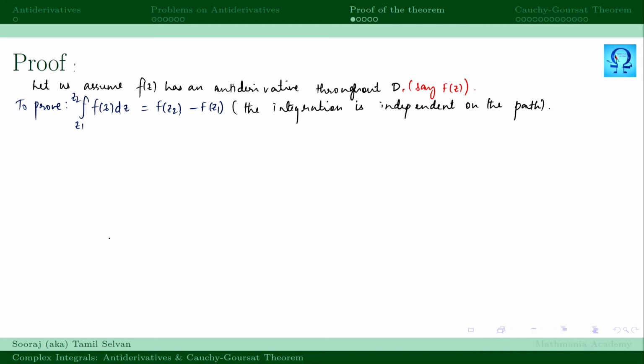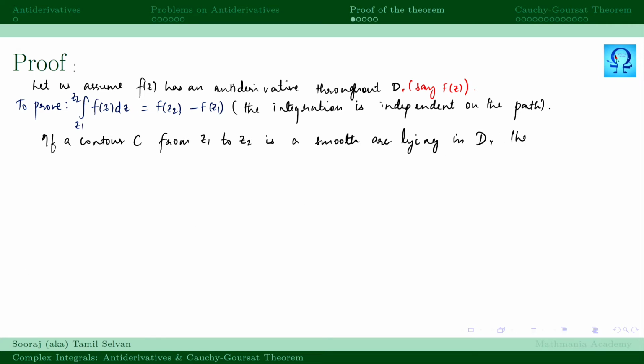Now in order to prove this, let me consider a contour C, which is from the point z1 to z2, a smooth arc lying in the domain D. If it is a smooth arc, then what is going to happen?